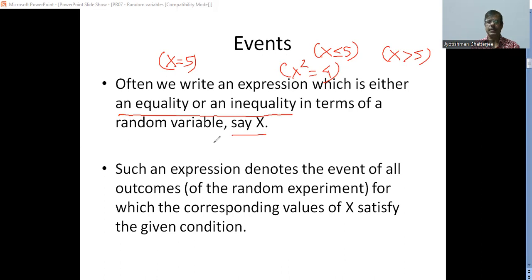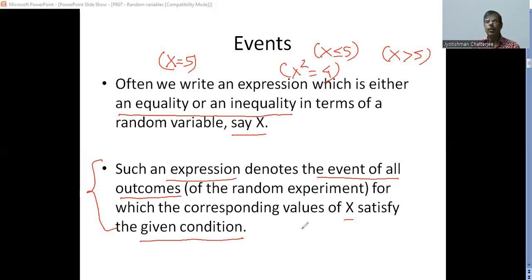What's the meaning of these things? Here is the meaning. Such an expression denotes the event of all outcomes for which the corresponding values of X, remember, for every outcome there is a corresponding value of the random variable X, satisfy the given condition.